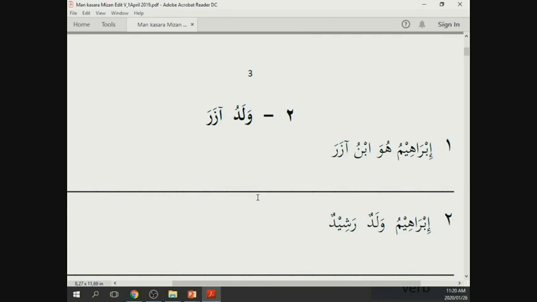Ibrahimu ra'an nasa yasjuduna lil asnami. Okay. Wa ra'an nasa ya'buduna al asnama. Again, one last time. وَرَأَى النَّاسَ يَعْبُدُونَ الْأَصْنَامَ.